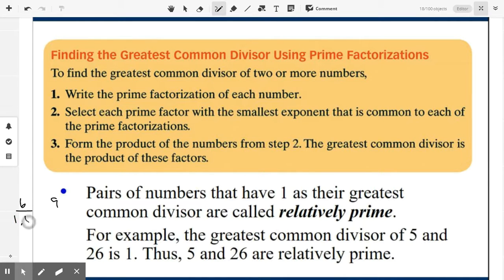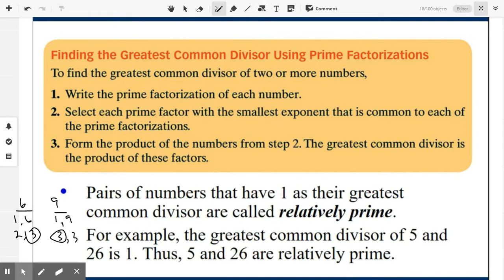We've got 1 times 6, 2 times 3. 9 is 1 times 9, 3 times 3. So what is the largest number that appears as a factor of both? Well, the 3 is the greatest common divisor, the greatest common factor. So that's what the greatest common factor is.